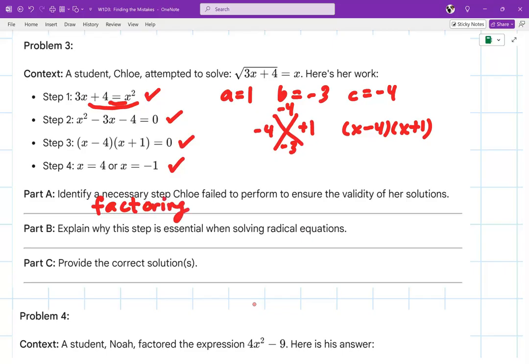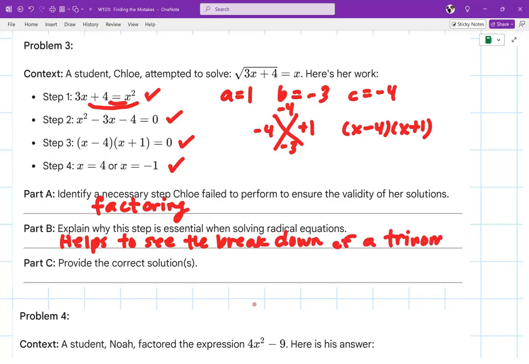Explain why this step is essential when solving. Well, I mean, this helps to see the breakdown of a trinomial, right? And then provide the correct solutions. Well, it's already provided. We're good. Okay, so our answers are right there.